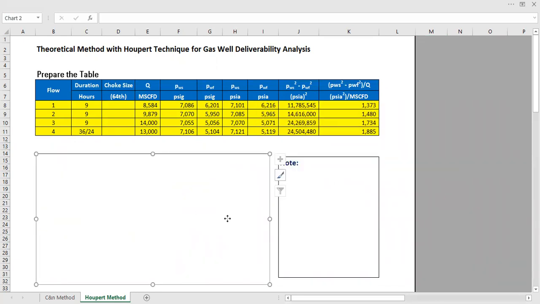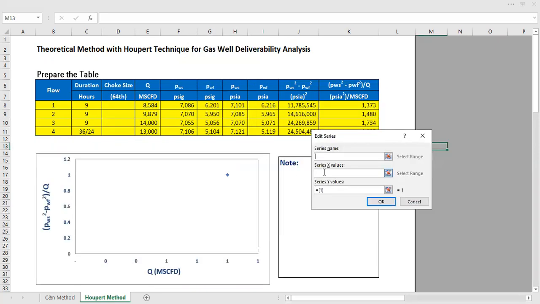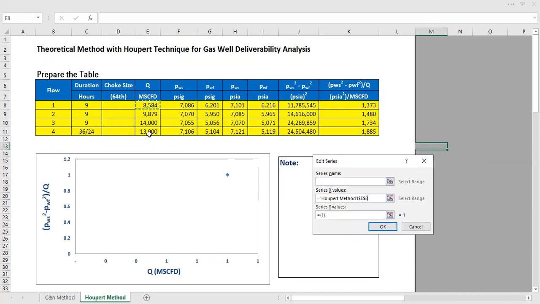And then select data, add. All right. You can see the axis. The X, the horizontal axis is the flow rate, this one. And for the Y axis, the vertical axis is this column.